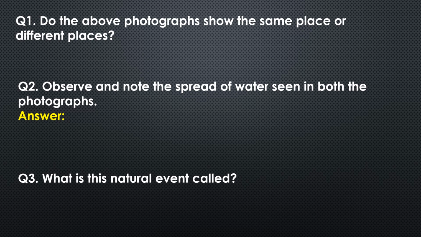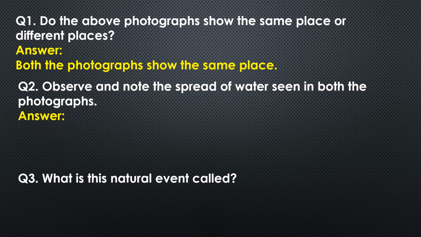Question 1. Do the above photographs show the same place or different places? Answer. Both the photographs show the same place. Question 2. Observe and note the spread of water seen in both the photographs.